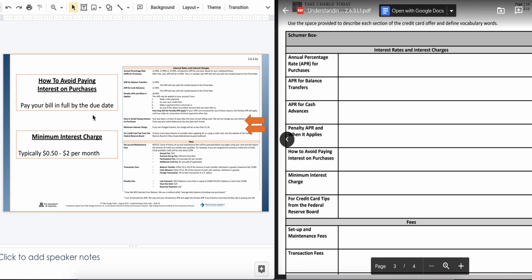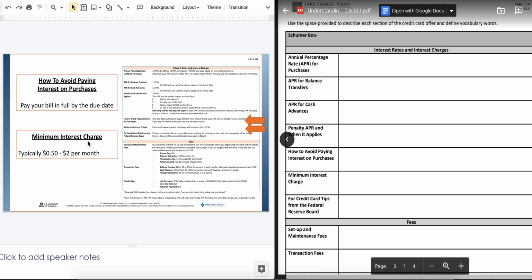If you do not pay your full balance, it will tell you the minimum amount of interest that you're going to be charged. So maybe you bought something with a credit card, and it was only $1. If your interest rate is only 1%, you're going to be paying 1 penny for that $1. That's not really enough for them to collect from you.